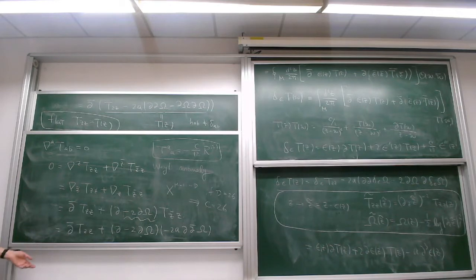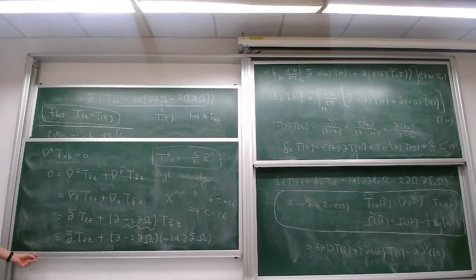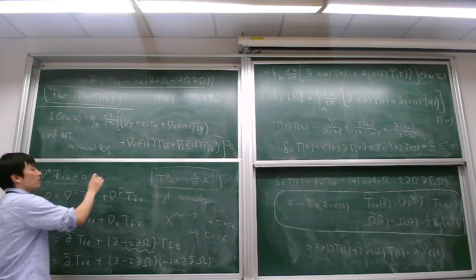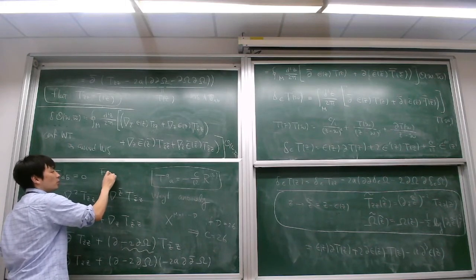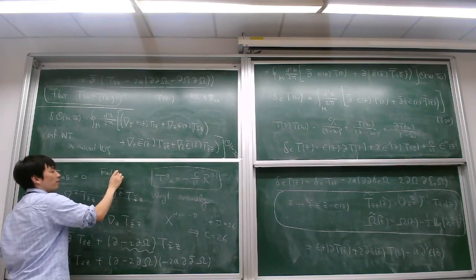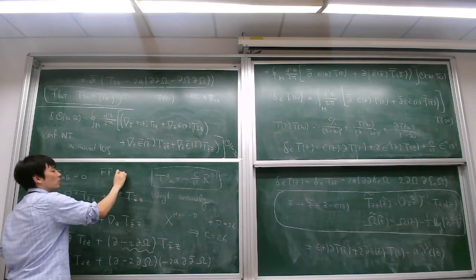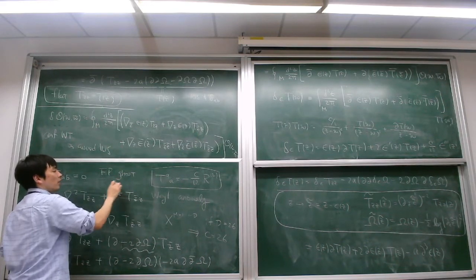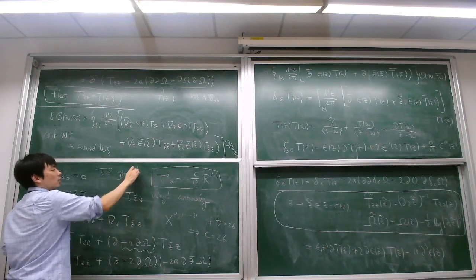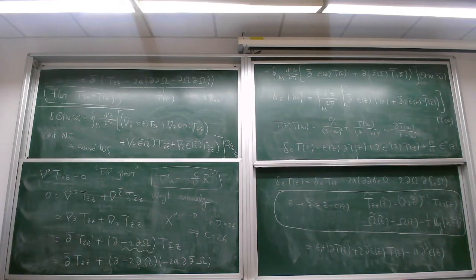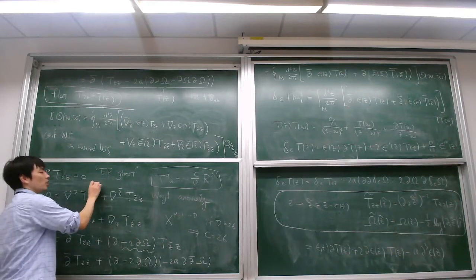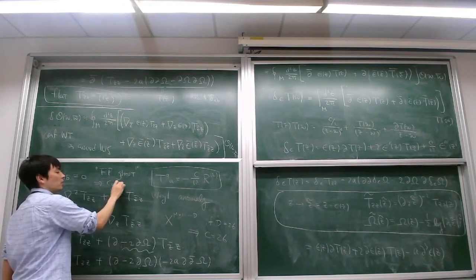However, as I mentioned, we will talk about the ghost. To fix the gauge, we need to introduce the Faddeev-Popov ghost. This ghost sector also has a central charge, and indeed c ghost is equal to minus 26.